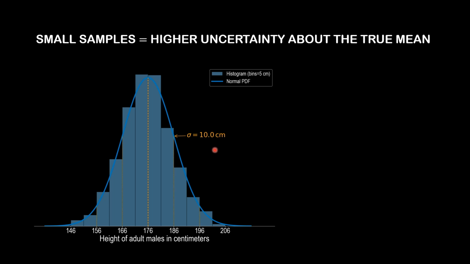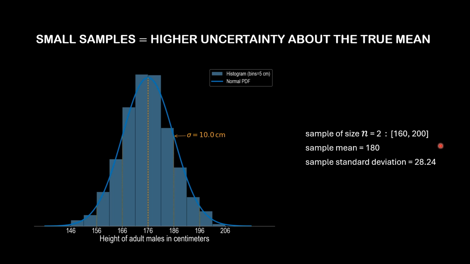Now let's pretend that we don't know these parameters, but we take a small sample of size 2, and we get these two heights, 160 and 200. Our sample mean would be 180. Our sample standard deviation would be 28.24. So the sample standard deviation would be almost 3 times higher than the actual population standard deviation.